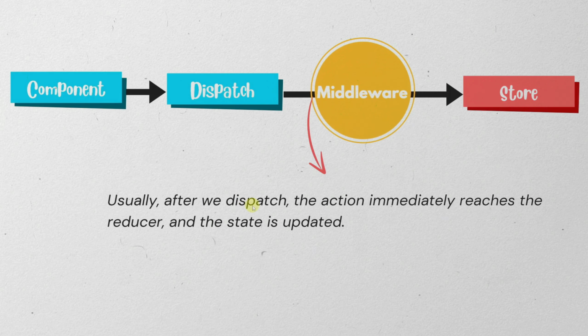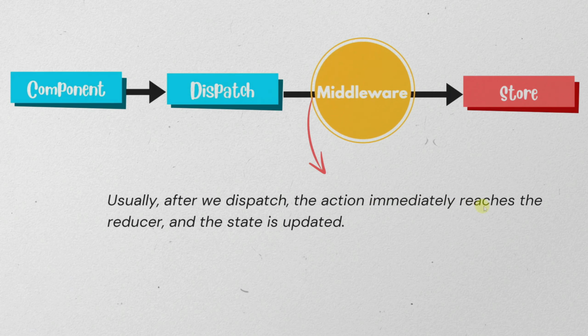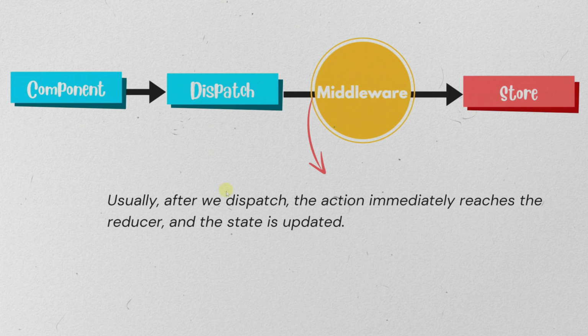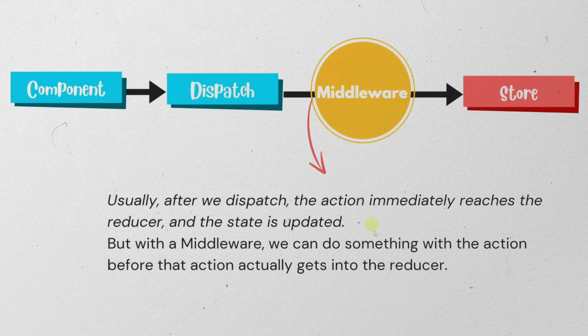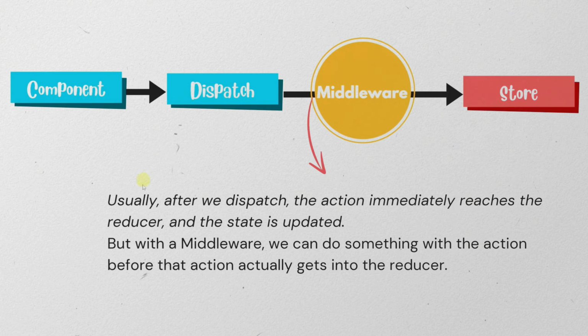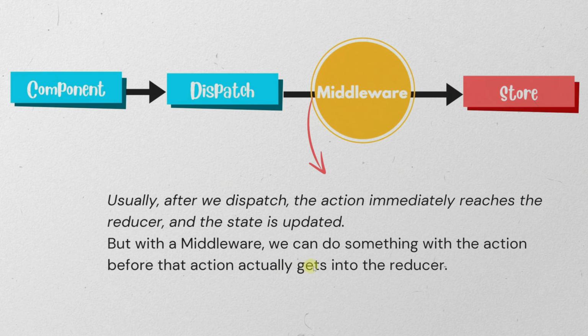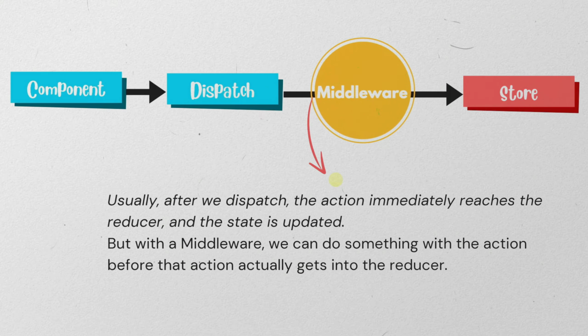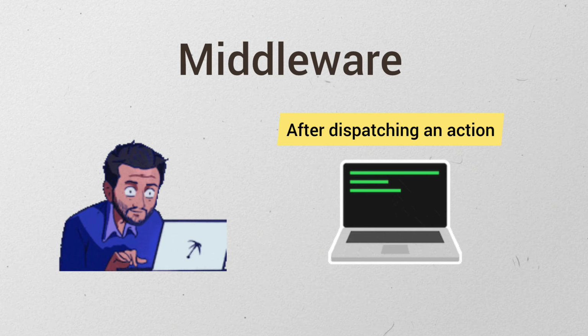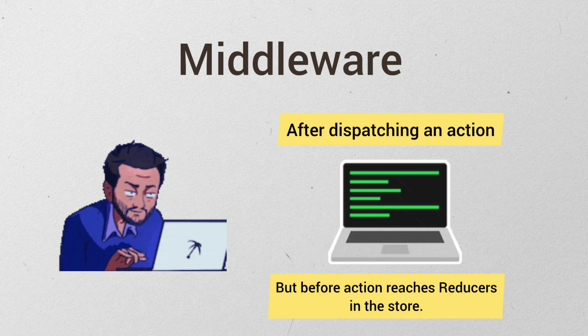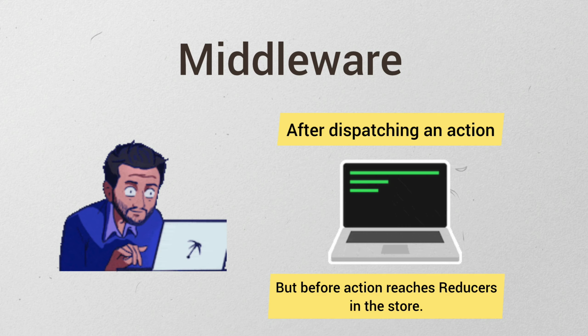Usually, after we dispatch, the action immediately reaches the reducer and then the state is updated. But with middleware, we can do something with the action before the action actually gets into the reducer. This means middleware allows developers to run some code after dispatching an action but before the action reaches the reducer in the store.